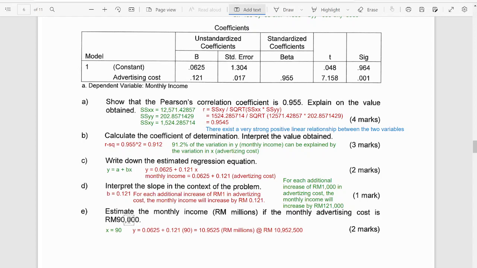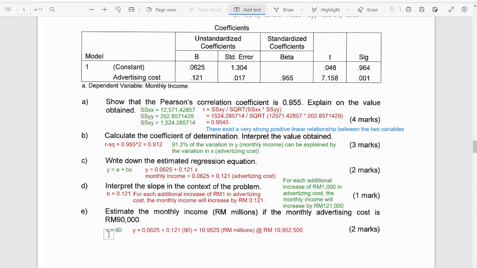And the given information sini yang dibagi nilai 90,000 ni adalah advertising cost. So advertising cost will be the independent variable. So the given information is the independent variable. The one that you want to predict, estimate, approximate will be the dependent variable. Is it clear?